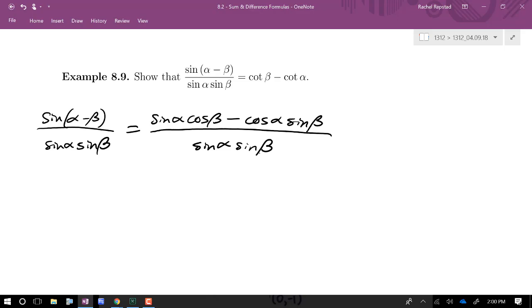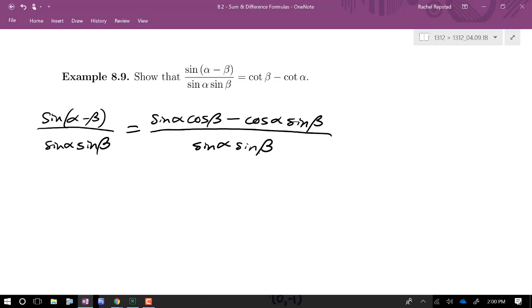One thing we could observe right now is that everything in this expression is all sines and cosines, right? So I want to get to cotan. It might be good to keep in mind that cotan is cosine over sine.